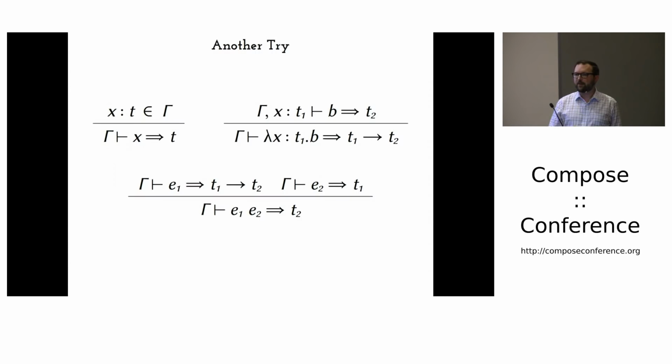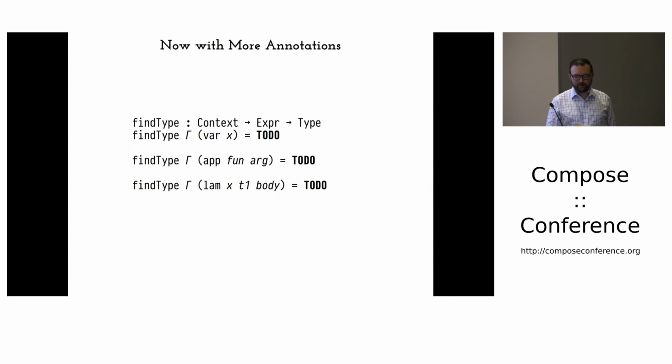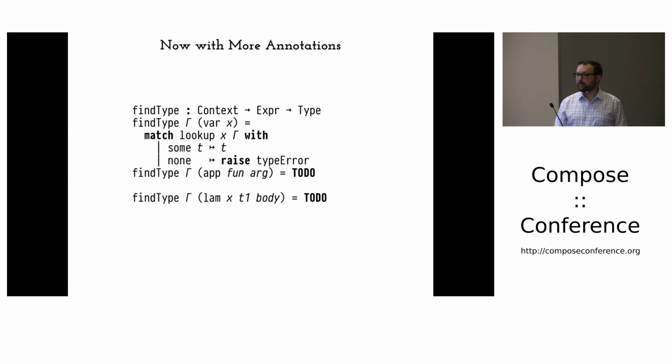I'm going to represent this just for emphasis to say that the version in which we expect to be able to determine the type exclusively by looking at the context and the expression, I'm going to say we're synthesizing a type and represent that with a right arrow instead of a colon. So now that we have more annotations, the variable rule remains the same. We look it up in the context.